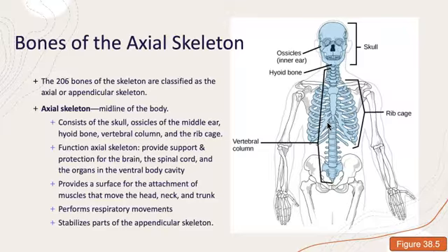It also provides a surface for attachment of muscles that move our head, neck, and trunk, and performs respiratory movements. We have the diaphragm attaching down over here, and we also have our intercostal muscles. Costal means rib, and we know inter means between.